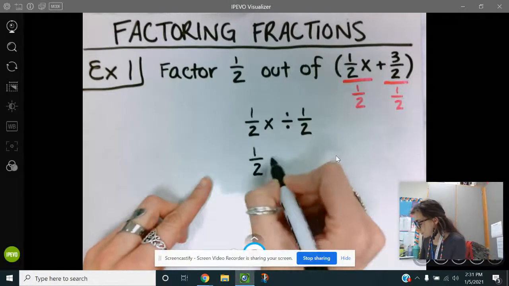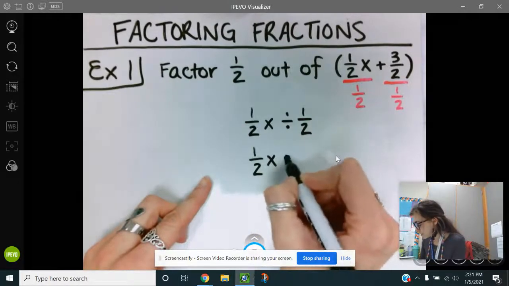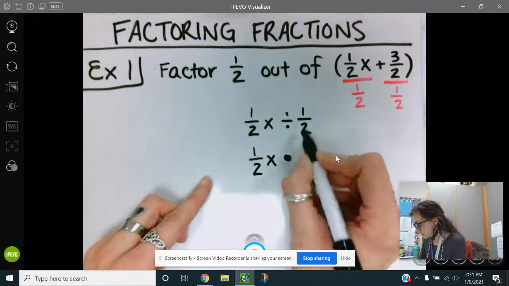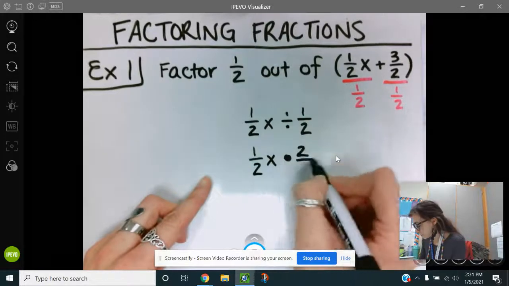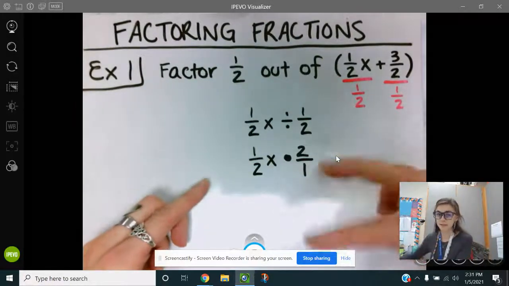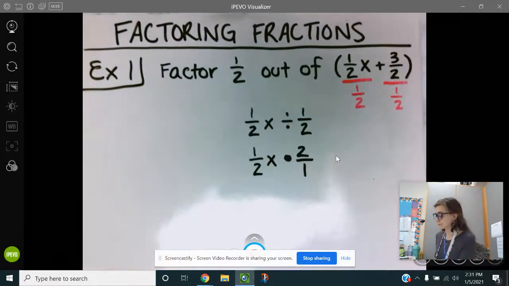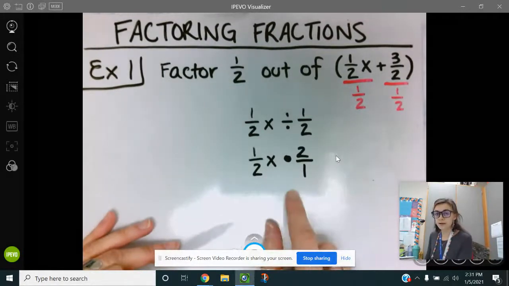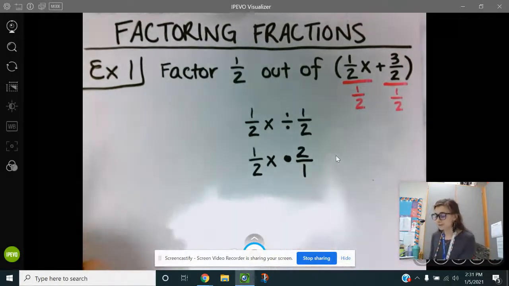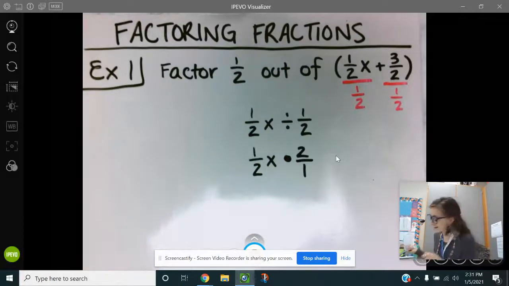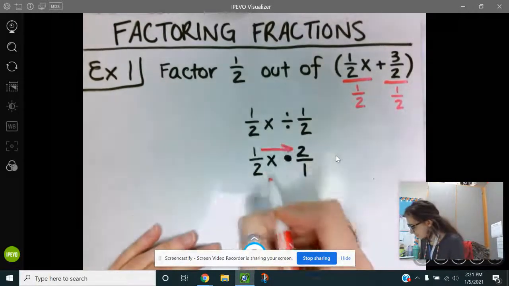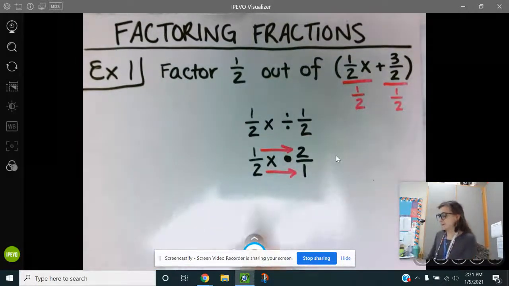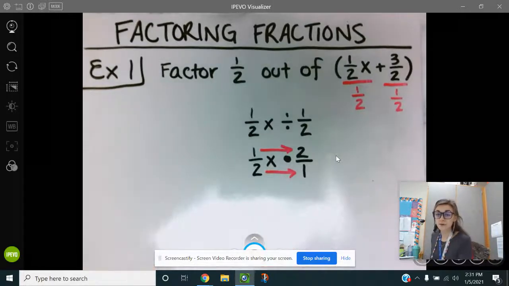That means we're going to have 1/2 x times the reciprocal, which is 2 over 1. When we take the reciprocal, we flip that fraction. Now we're multiplying fractions. How do we multiply fractions? Straight across, right? You guys know that. This x is going to stay right where it is.